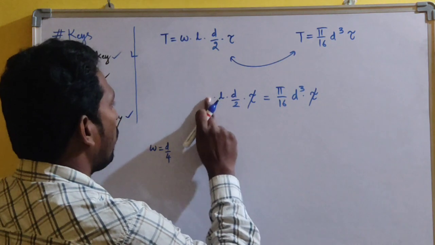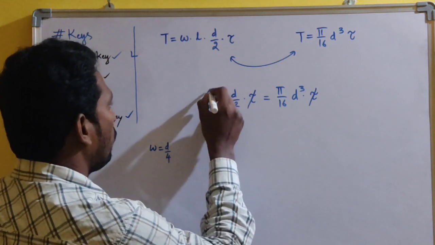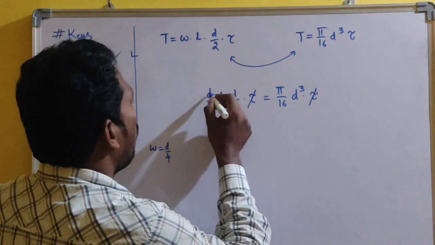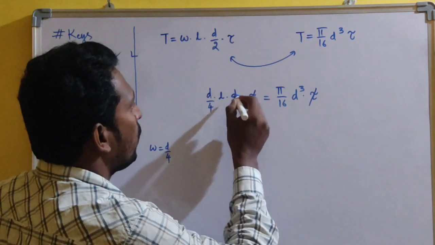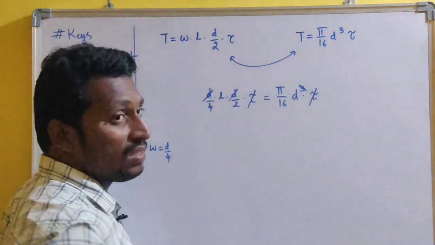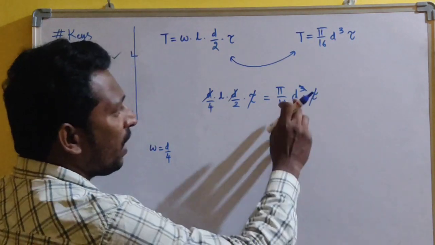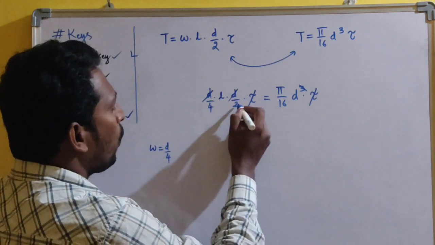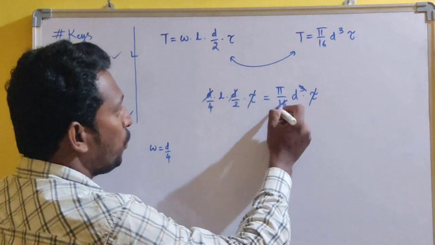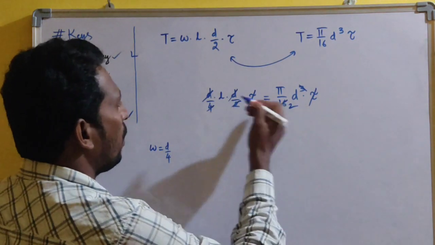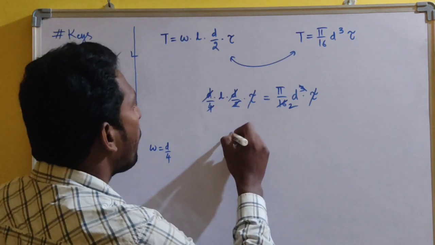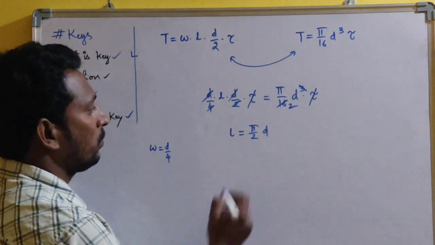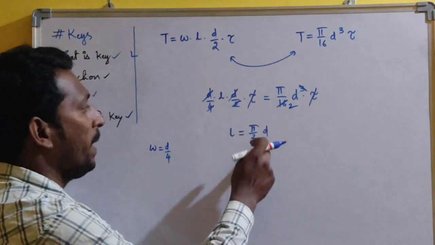So this relation becomes: d cubed over d squared leaves only 1 d, and 4 into 2 is 8, 2 into 8 is 16, so the relation is L is equal to pi by 2 into d. Okay, L equal to pi by 2 into d.